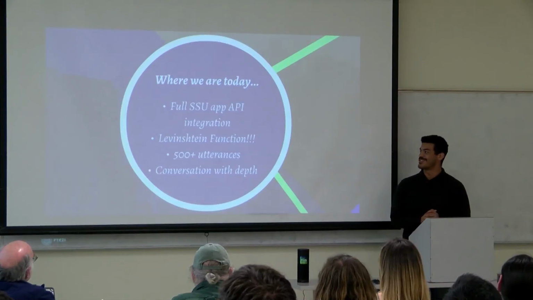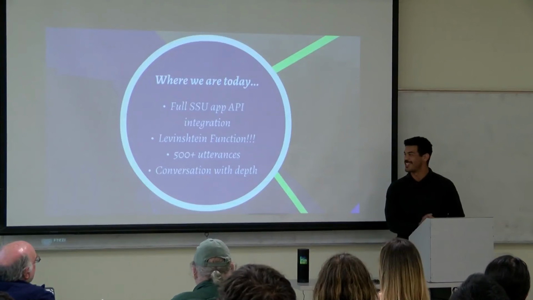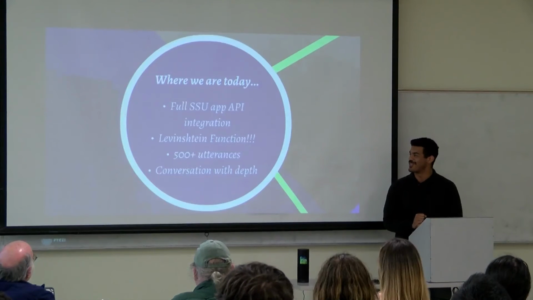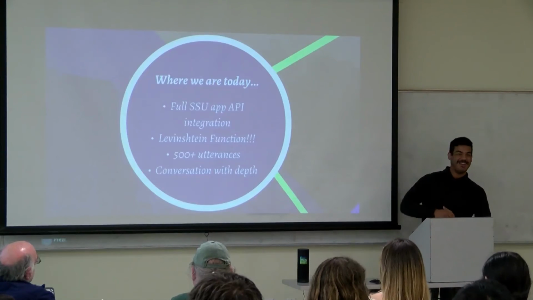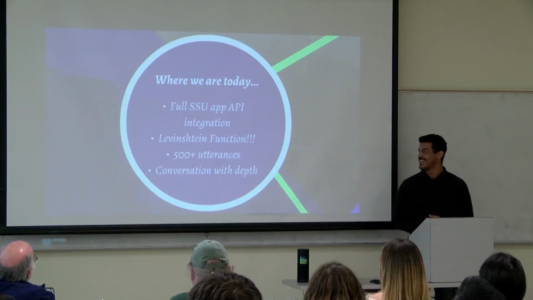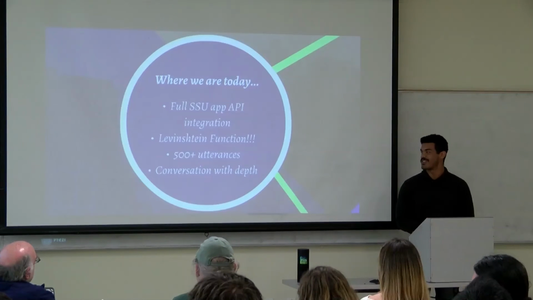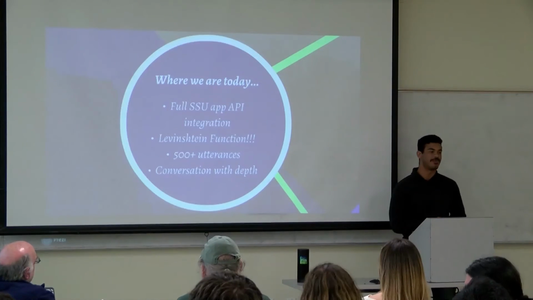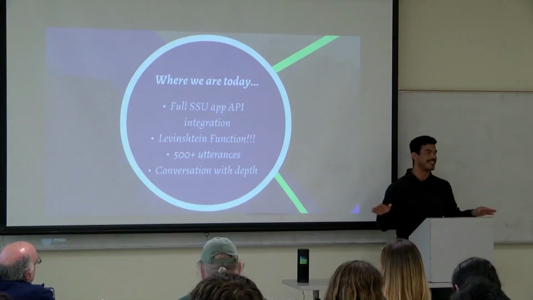So yeah, that was a huge impediment. That was like the iron curtain of this project, and we just took a sledgehammer to it with this Levenshtein function. And 500 utterances from the previous 15, and conversation with Alexa. Previously, we would just ask for a professor email. She would respond, and that would be it.